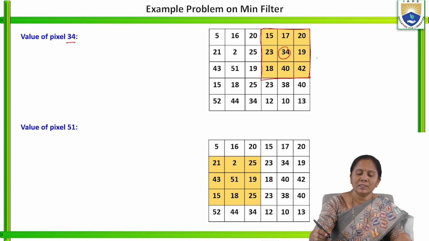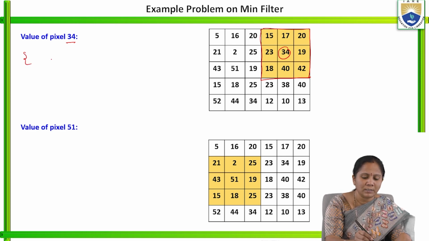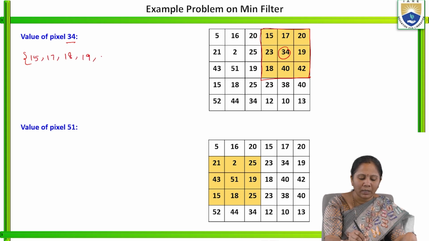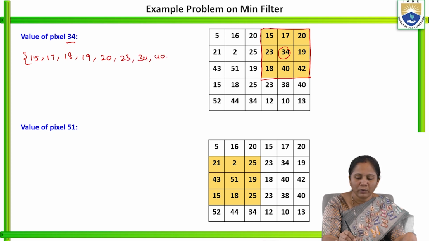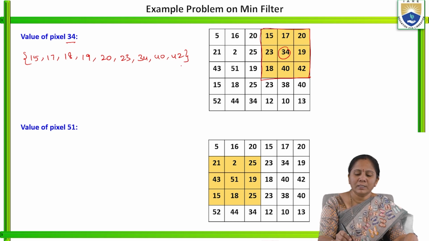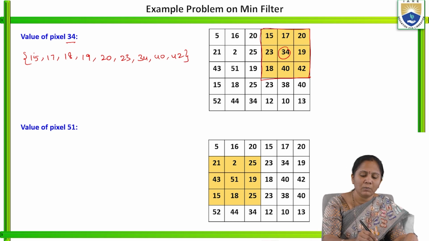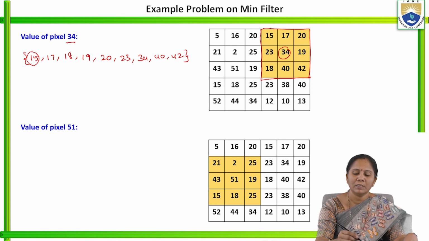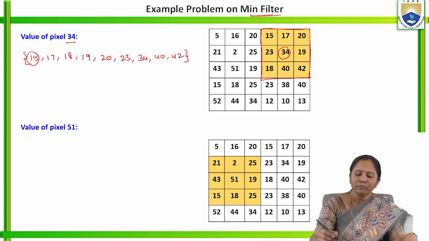Arranging them in ascending order, it becomes 15, 17, 18, 19, 20, 23, 34, 40, 42. After arranging in ascending order, the minimum pixel value is 15. We have to consider the minimum value because we are applying the minimum filter. So this 34 will be replaced with 15.